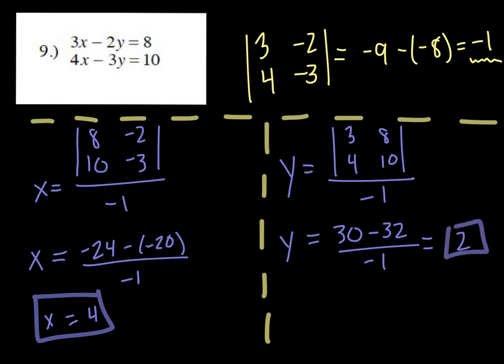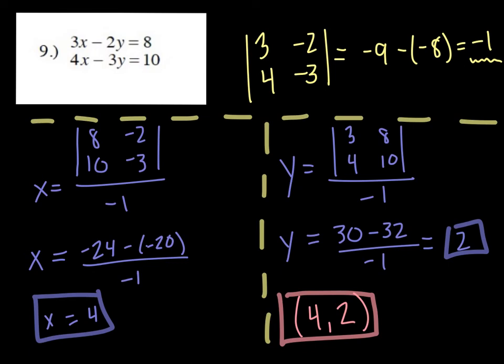So our solution for this system of equations will be 4, 2. And you guys can always check it, remember, by graphing. That's the quickest way to do it if you're able to. You can also always plug it back in and just check. So maybe that would probably be the easiest way. But you can always check to make sure that you did it correctly.